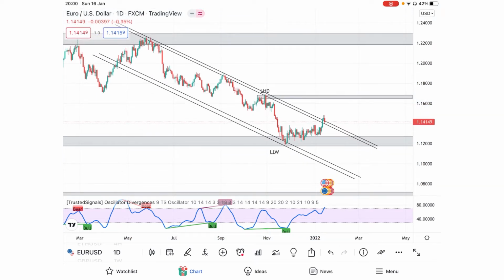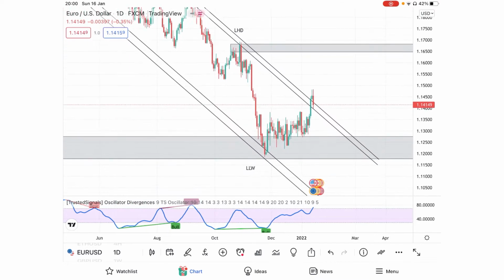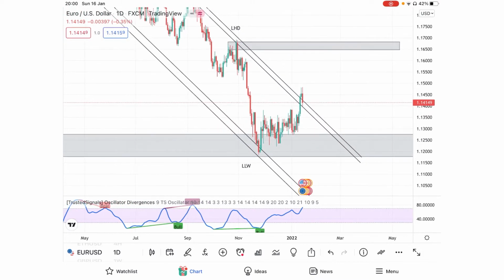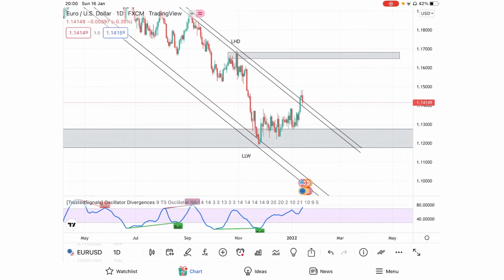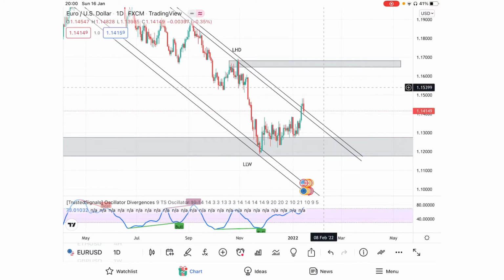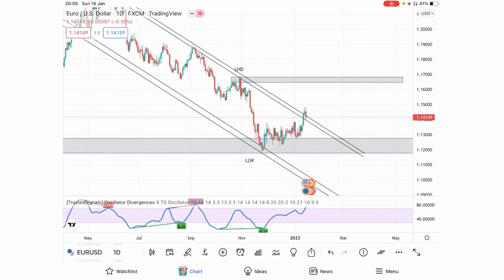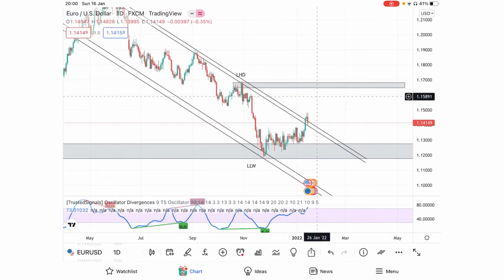As we can see, we have a break of the channel on the daily time frame, and now it's retesting. So this could possibly be a break and retest and then go up to this lower high. But I'm still bearish. Unless this lower high breaks and gets retested, I'm still bearish.